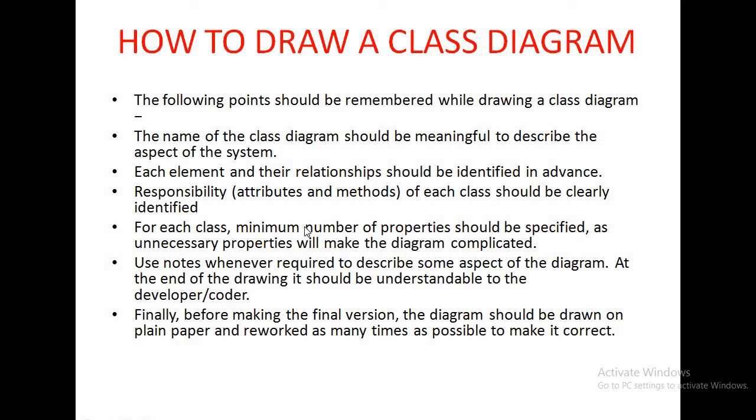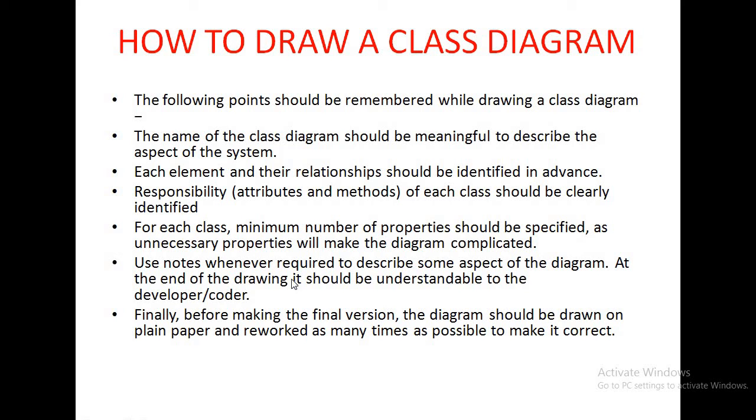For each class, the minimum number of properties should be specified, as unnecessary properties will make the diagram complicated. Unnecessary properties may not be mentioned in the class diagram. Those properties mean data members and member functions. Those properties that are important to the class are mentioned in the class diagram.